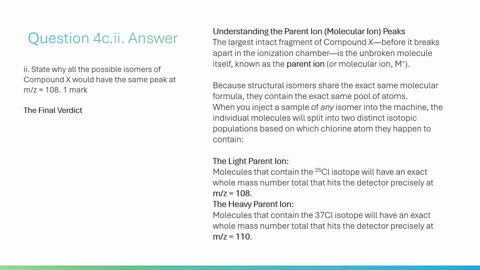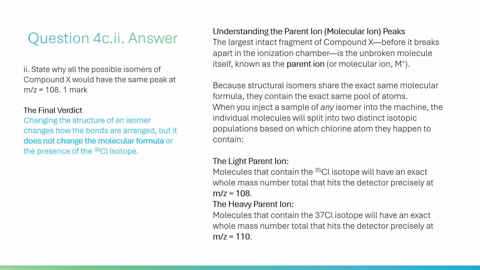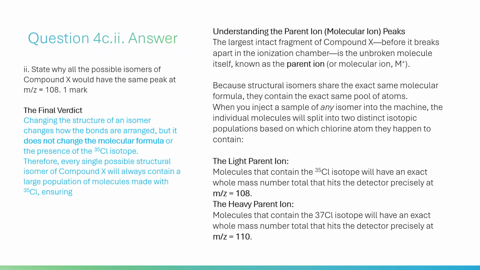The final verdict: changing the structure of an isomer changes how the bonds are arranged, but it does not change the molecular formula or the presence of the 35Cl isotope. Therefore, every single possible structural isomer of compound X will always contain a large population of molecules made with 35Cl, ensuring that a parent ion peak at m/z equals 108 appears consistently across every single spectrum.